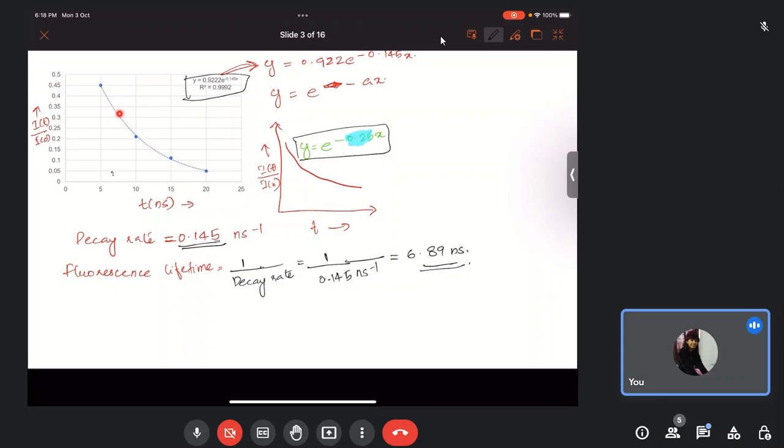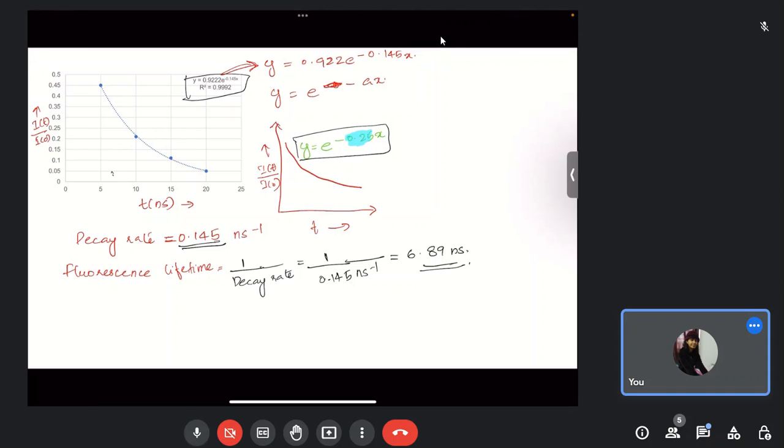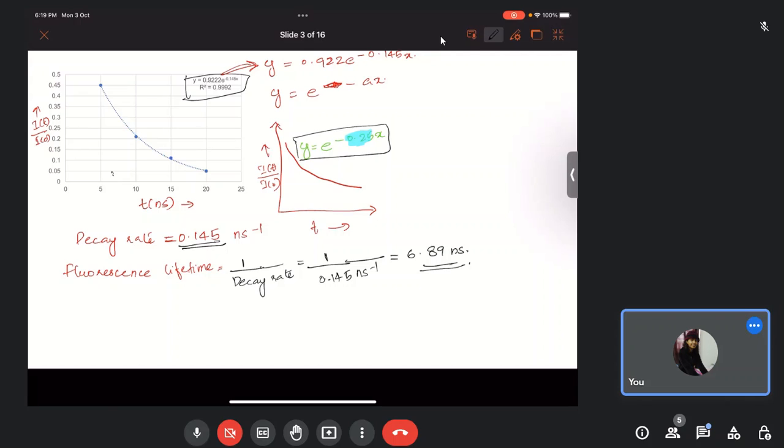So somewhere around 6 to 7 nanoseconds, it comes to somewhere around 0.3. So the fluorescence lifetime that we are seeing is sort of correct.